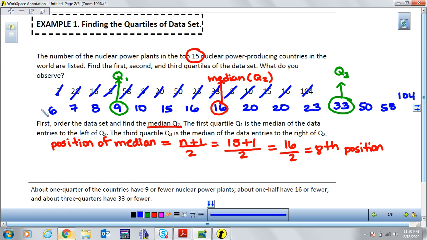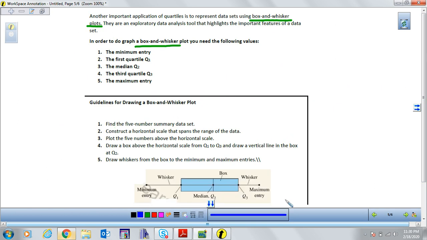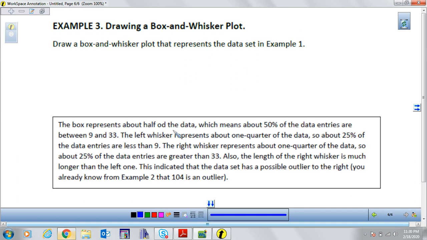I would need to know the minimum, which is the 6, and the maximum entry, which is the 104. So I have all the information that I may need for doing this. So I'm going to put a horizontal line. Then here goes my minimum entry. My maximum entry goes here, right?